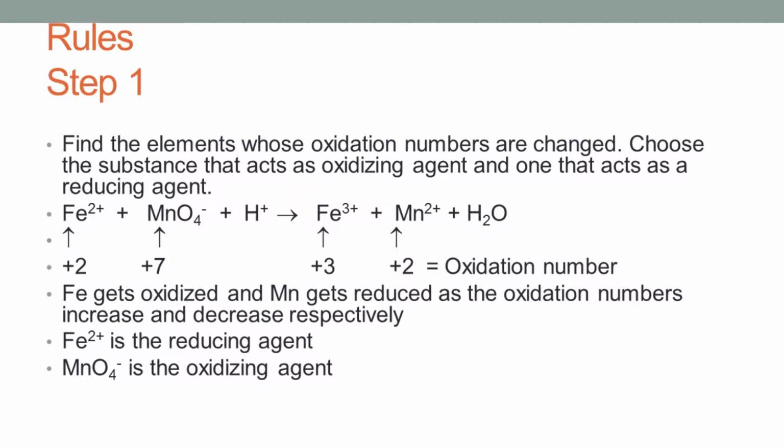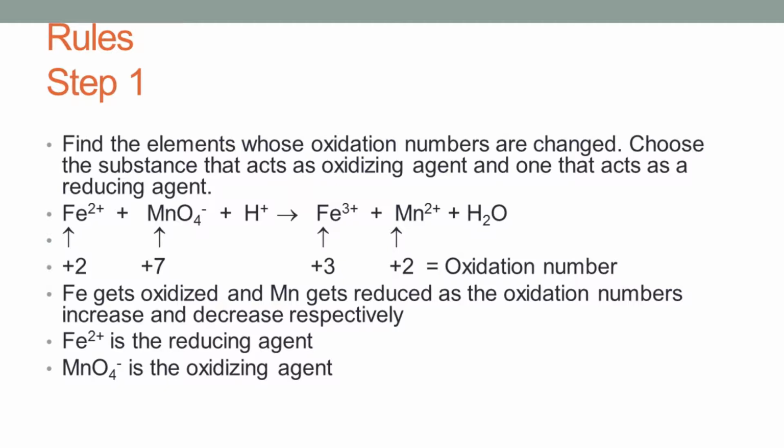If you look at manganese in the product side, it exists as Mn2+. Therefore, the oxidation number of manganese has changed from +7 to +2. Here, there is a reduction in oxidation number, which means manganese in manganate undergoes reduction to Mn2+. For this reduction to take place, we need electrons, and that is provided by the oxidation half reaction.